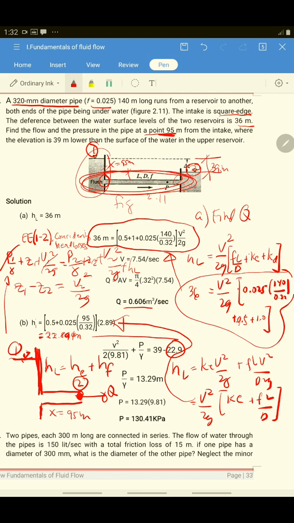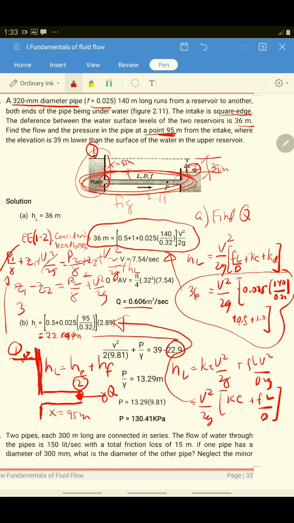So there is a pressure there. So the equation will be now Z1 minus Z2 is equal to P2 over gamma plus V2 squared over 2G.